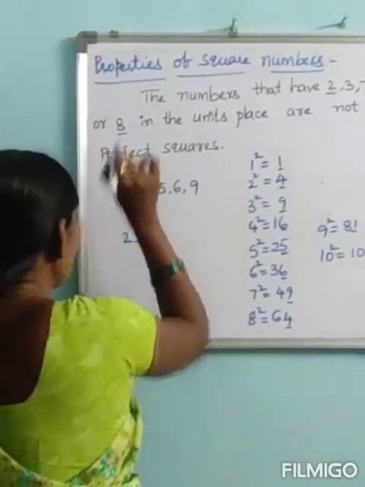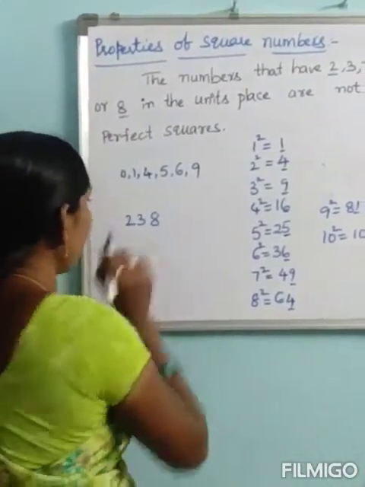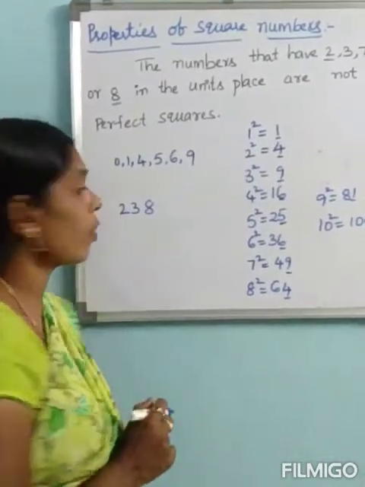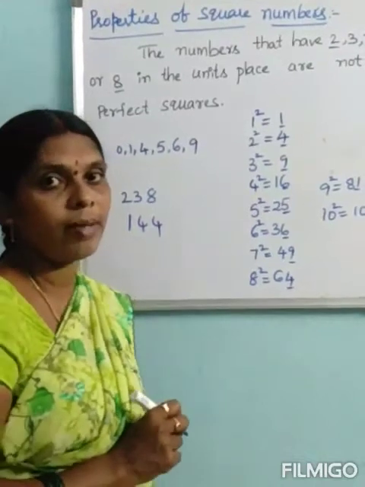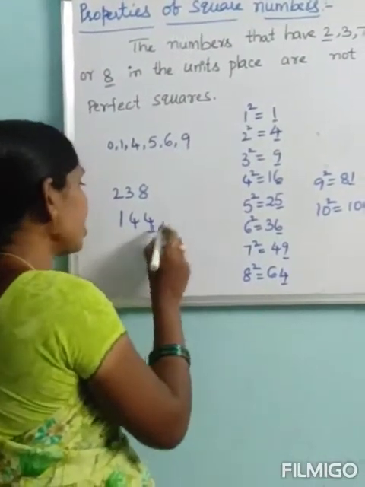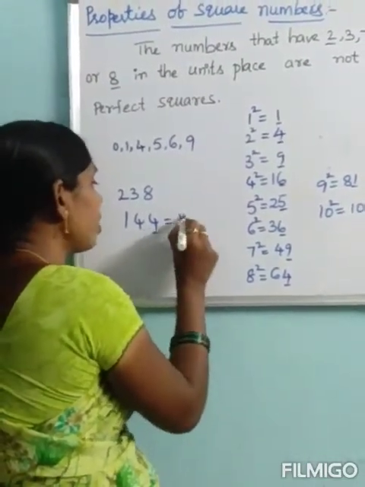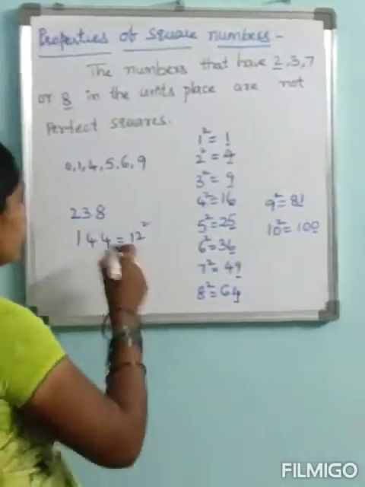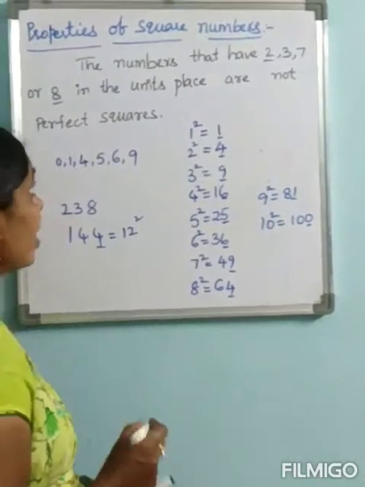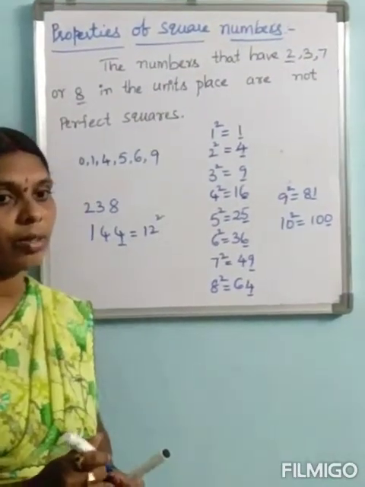Because 8 is in the units place. Okay, 144. Is it a perfect square? Yes. 4 is in the ones place, and also we can write 144 equals 12 square. So this is the method to find out whether it is a perfect square or not.